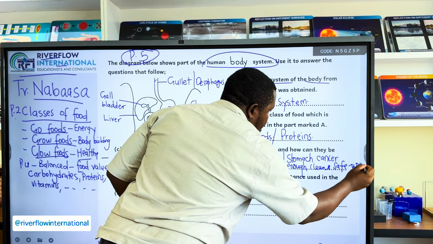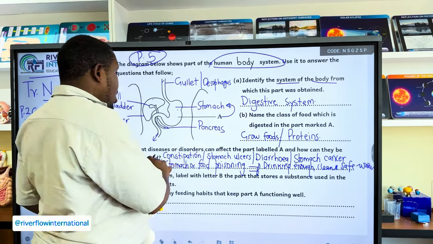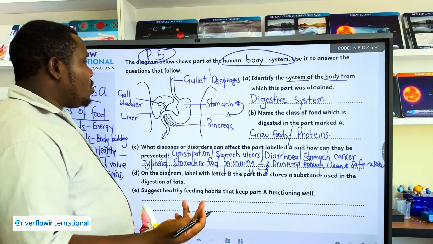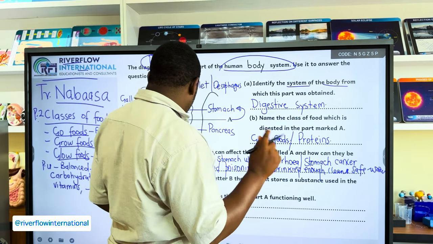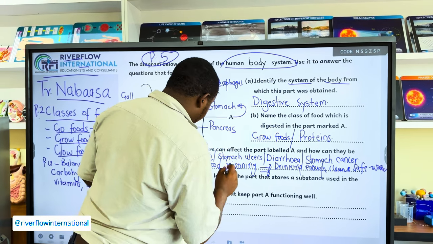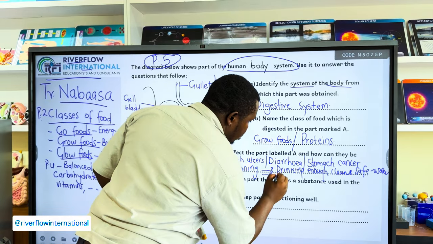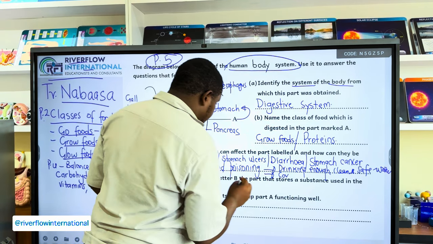When you have others, you can use medicine, though medicine may not be in prevention. Then you can have eating clean food or covering food.